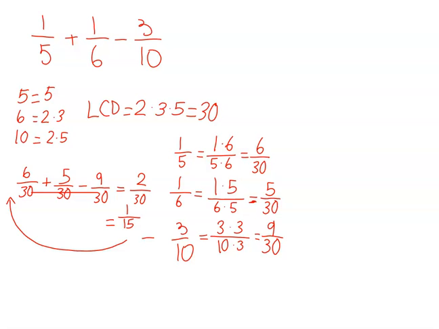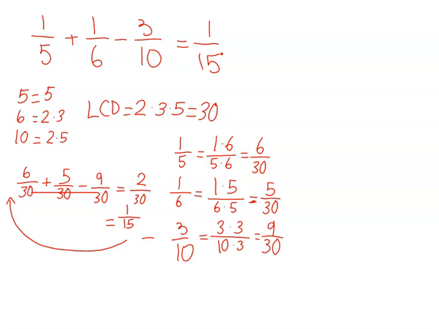Both numbers are divisible by 2, so we simplify our fraction. We always need to simplify whenever possible. Okay, so the correct answer will be 1 over 15.